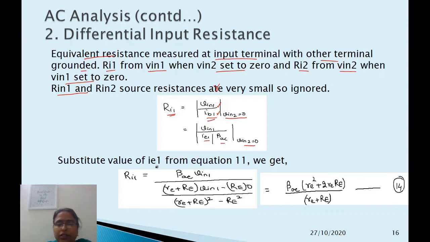Now substituting the value of IE1 from the equation which we calculated in the first parameter, we get Ri1 equal to beta AC Vin1 upon RE plus re Vin1 minus re into 0, for Vin2 we have put it equal to 0, upon RE plus re square minus re. Solving this, we get beta AC into re square plus 2re upon RE plus re plus capital RE.